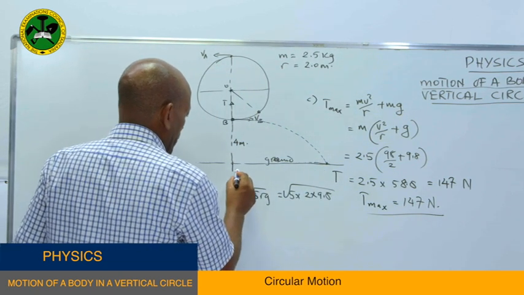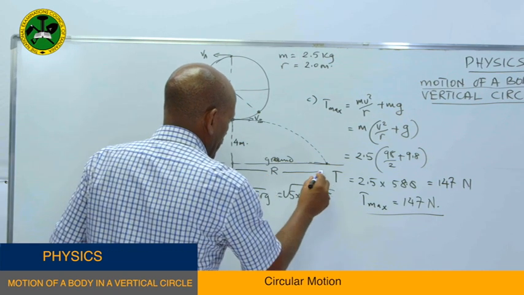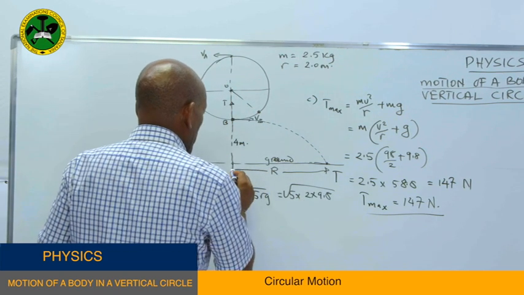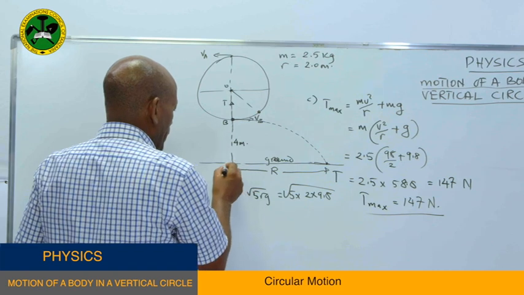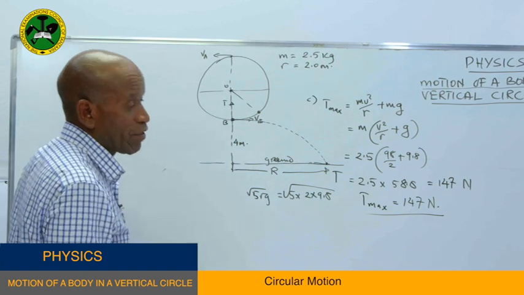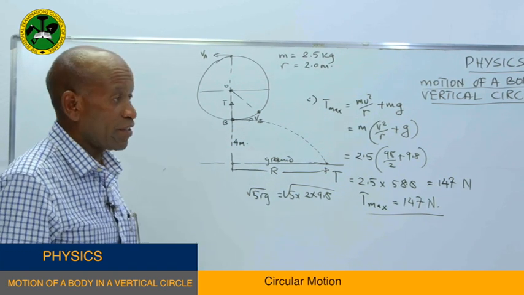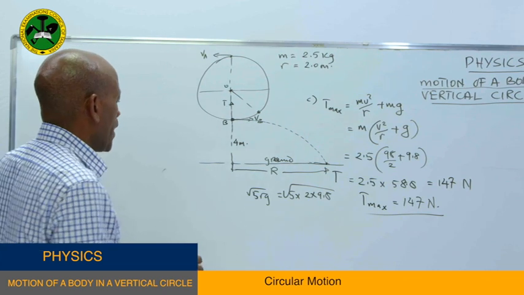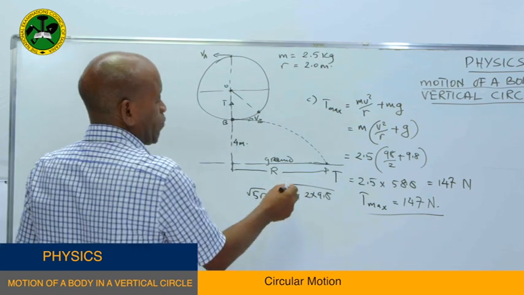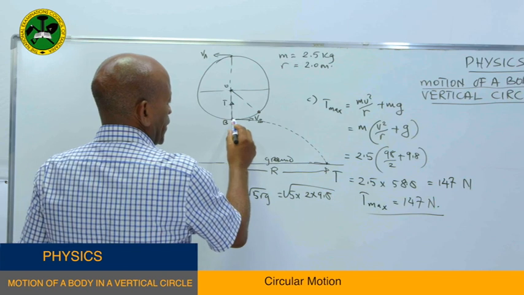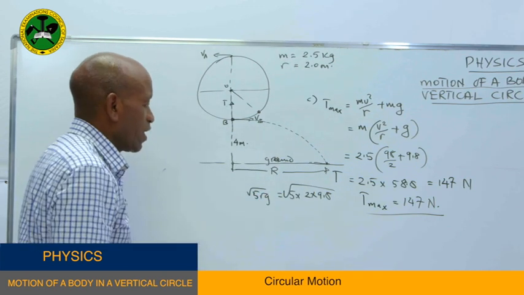So the range we are supposed to determine is this distance, the horizontal distance from the point just below where the string has broken. And we need to determine also the time of flight from this point until it lands on the ground.